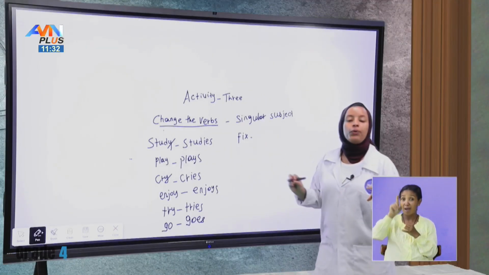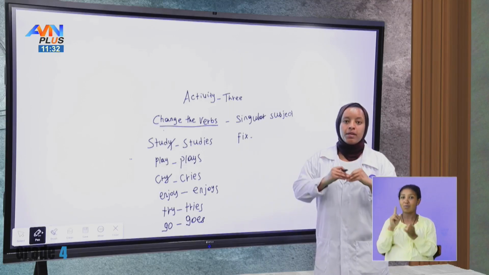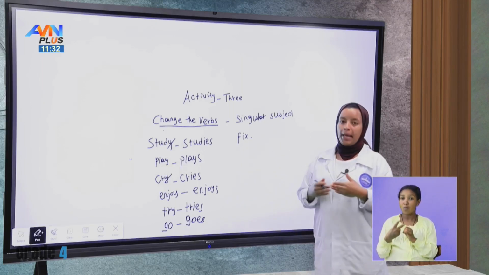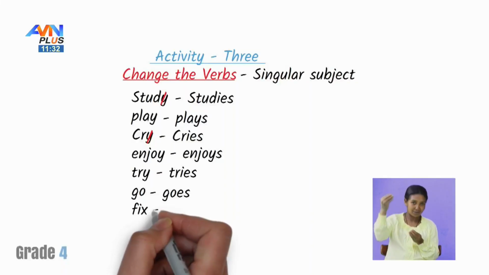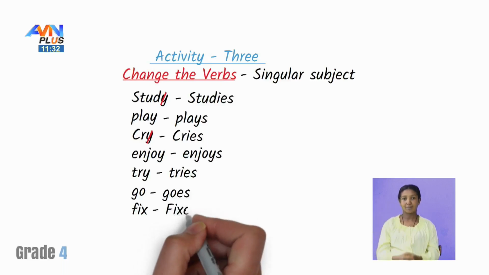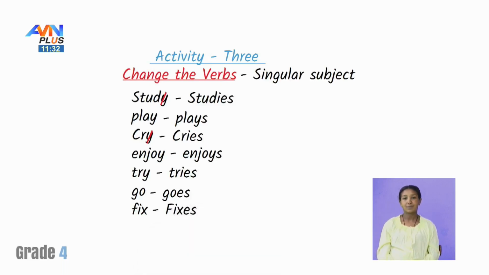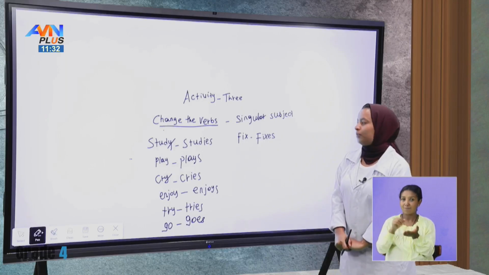X. So when a verb is ending with O, like also X, we are going to add what? ES at the end of the verb. So here is fix, fixes.